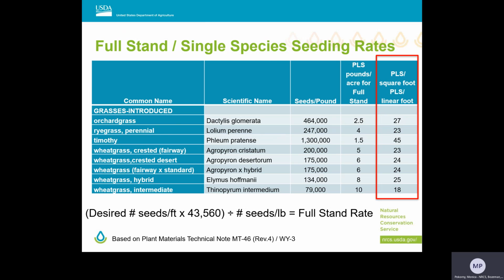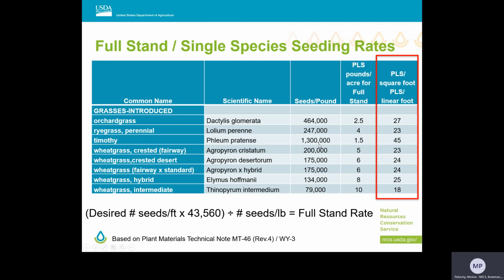If we take 18 times 43,560, divide it by the number of seeds per pound, which is 79,000, we get a seed rate of 10 pounds per acre.